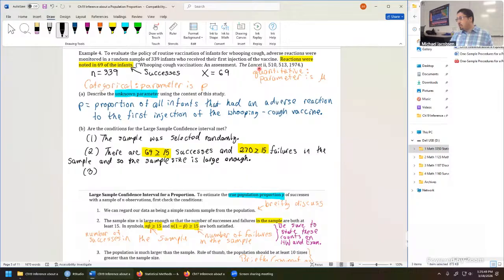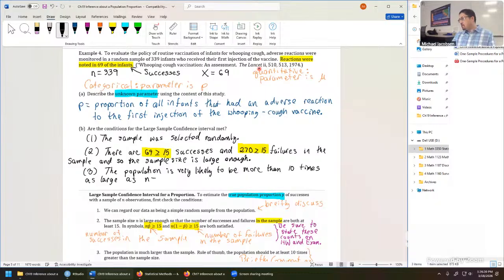So that tells us that the population is very likely to be more than 10 times as large as N, the sample size, 339 infants. Because we're talking about all infants in the country, there was probably tens of thousands of infants, really, maybe more.